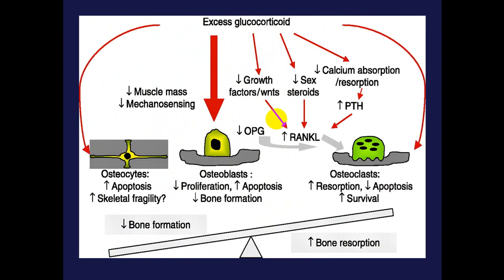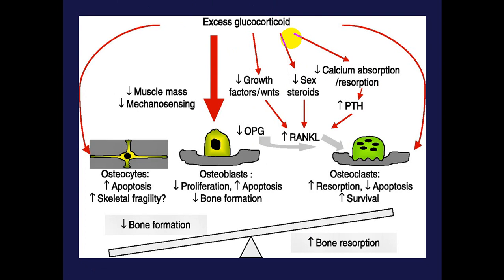Okay, this is the schematic diagram of the pathogenesis of glucocorticoid causing an increased bone resorption. Okay, so this is one of the main pathogeneses of osteoporosis. Okay, because in the osteoporosis caused by excess glucocorticoid, usually first the bones already form completely.